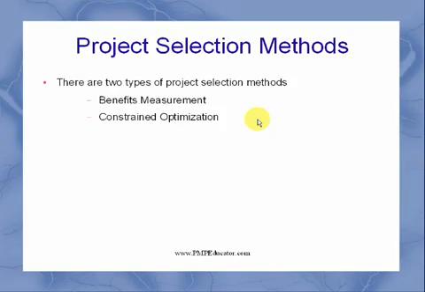That's why we cover project selection methods in scope management. There are 2 types of project selection methods. Number 1 is benefits measurement, and the other one is constraint optimization. In this lecture, I will cover benefits measurement, while in the next lectures we will cover constraint optimization.